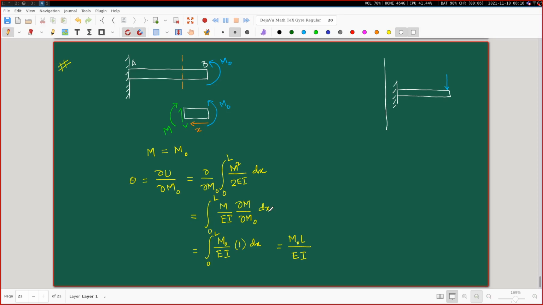Using Castigliano's theorem, it is very much possible to solve problems where we are interested in determining deflections at those points where no force is directly applied, as well as slopes at those points where no moment is directly applied. That is done using some kind of dummy or fictitious force. So we will take up such an example right away.